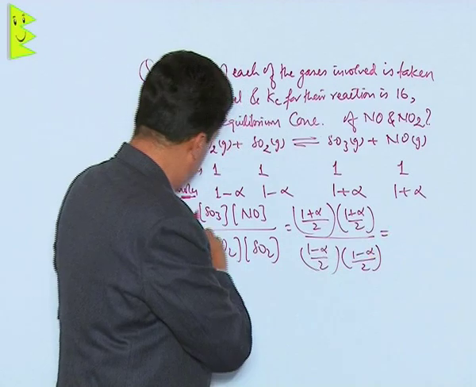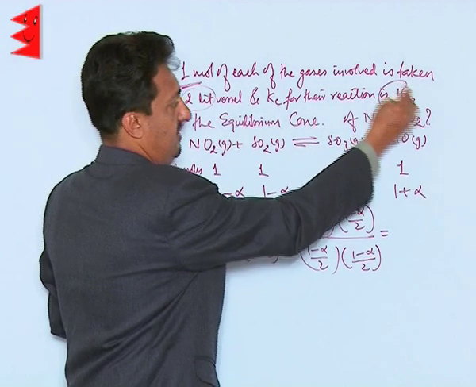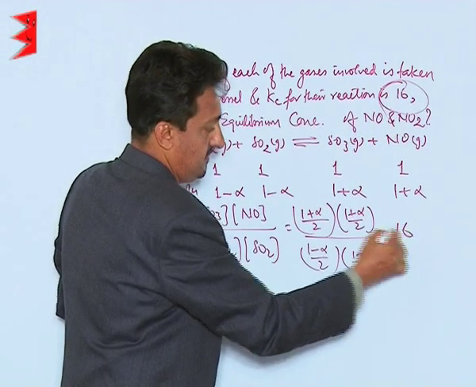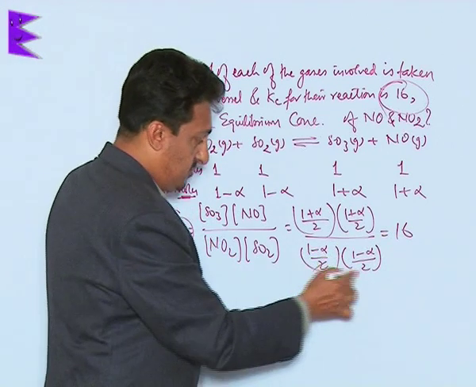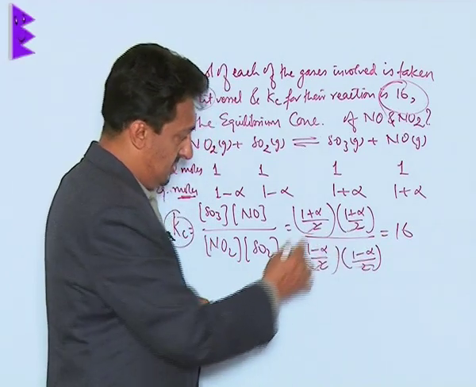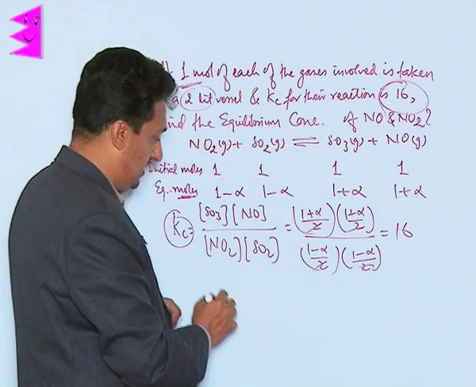And this whole equilibrium constant, this Kc as given, is 16. This 2 gets cancelled.